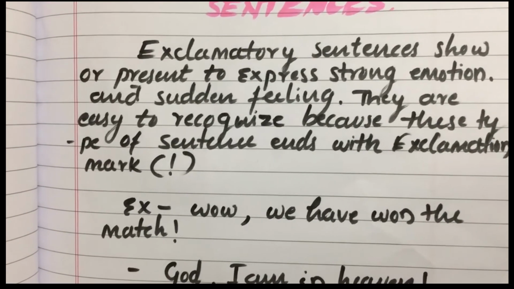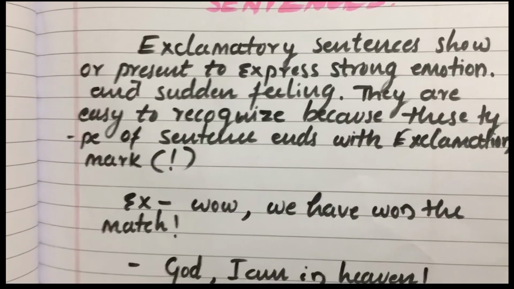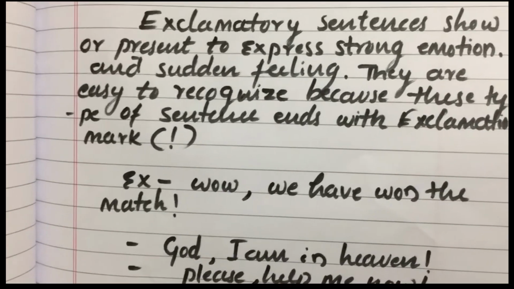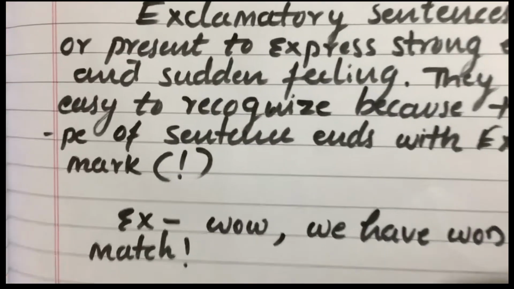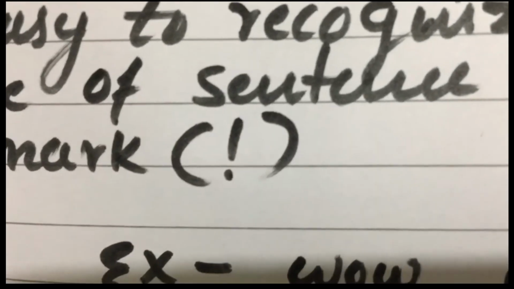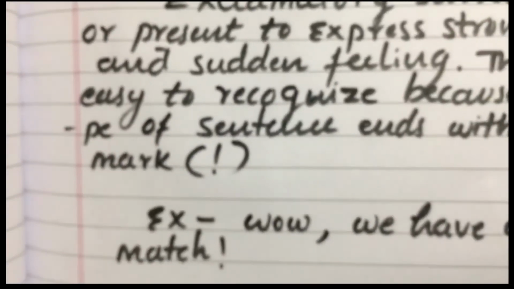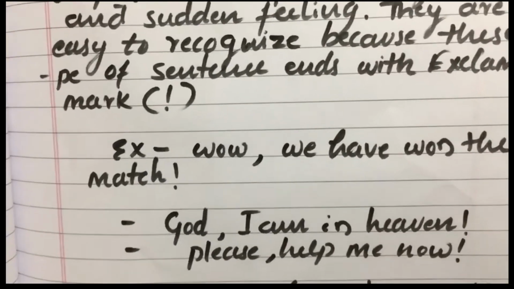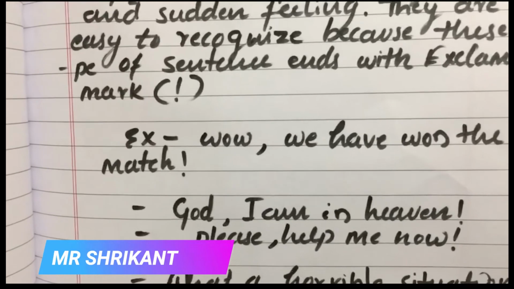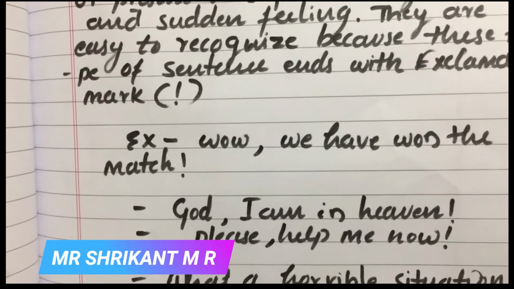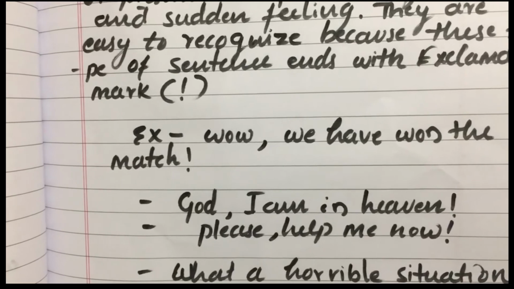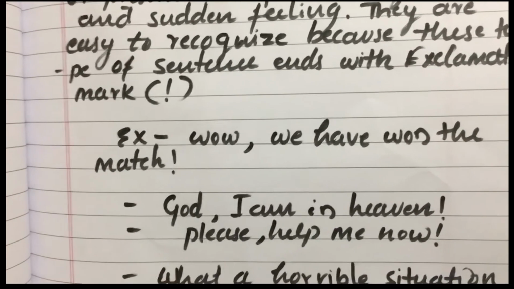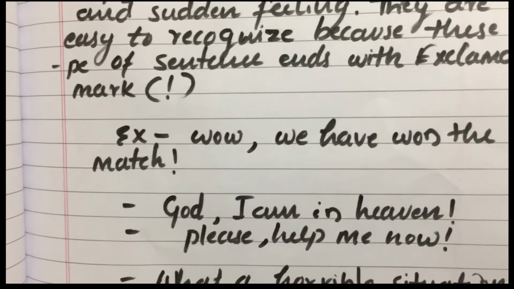They are easy to recognize because these types of sentences end with an exclamation mark. Examples here: Whoa, we have won the match! Here we are recognizing the feeling and emotion of victory.